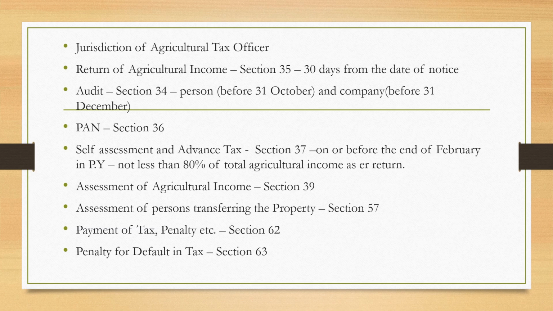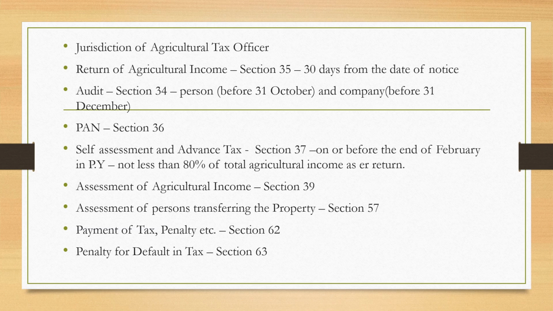Now, permanent account number, that is PAN section, that is discussed under section 36. Every person, if his total agriculture income or total agriculture income of any other person in respect of which he is accessible under this act during any previous year exceeded the amount which is not chargeable to tax under this act, and every person liable to pay tax in accordance with the provisions of section 13, if he has not been allowed a permanent account number, shall within such time and in such manner as may be prescribed apply to the agriculture income tax officer for the allotment of a PAN, and he shall allot an account number to the applicant within such time as may be prescribed.